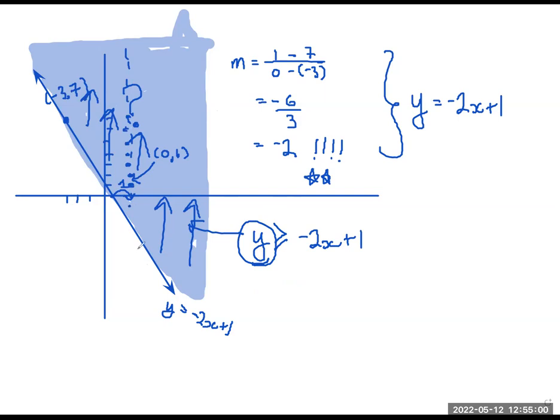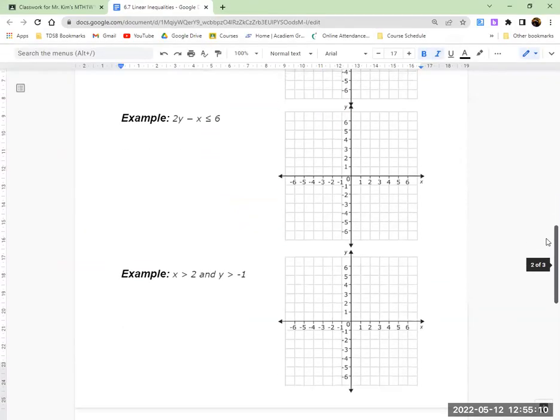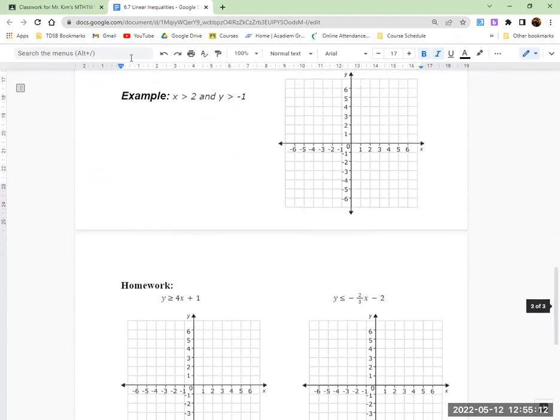My final exercise to you to see if you can grasp this idea of inequalities goes back to our third example. Take a look here. All right.